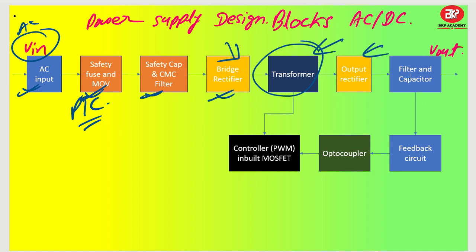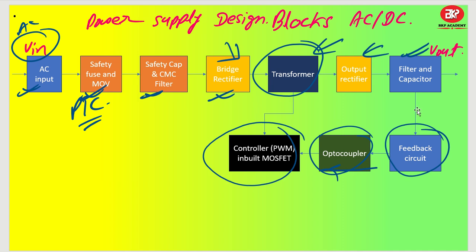If you want to filter your output voltage, you can put a filter like ferrite beads or inductors and all those things. Then we will be designing the feedback circuit, and selecting an optocoupler to send the feedback voltage to the PWM controller, which has an inbuilt MOSFET. So this is the complete block that we will be seeing.